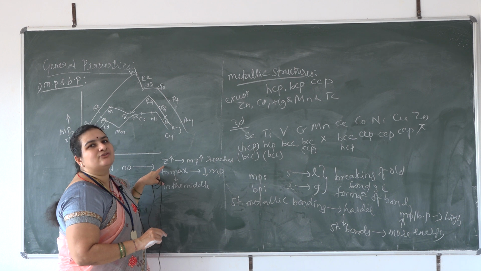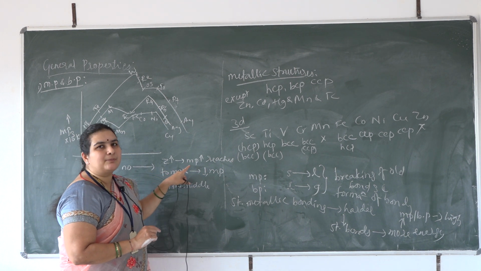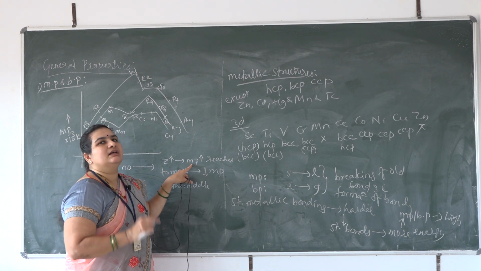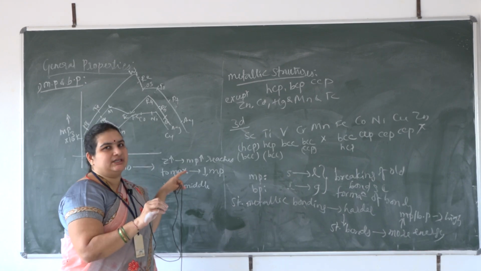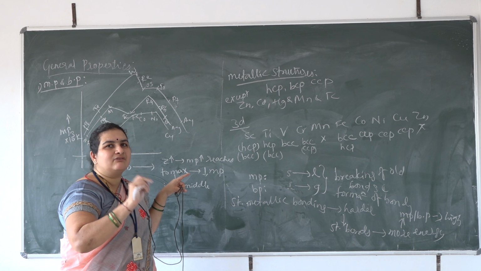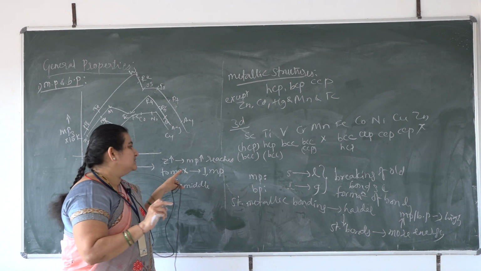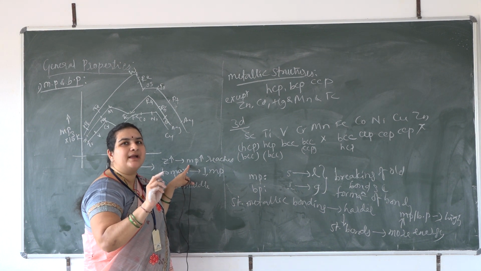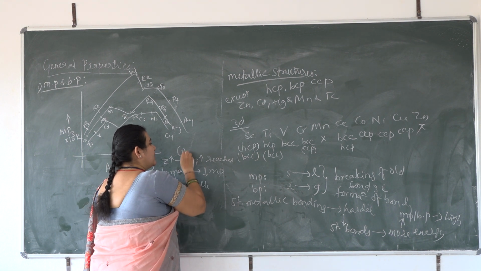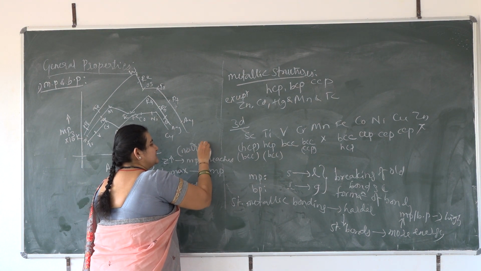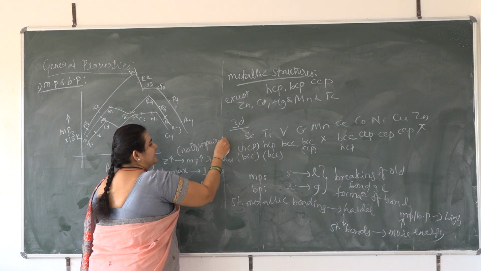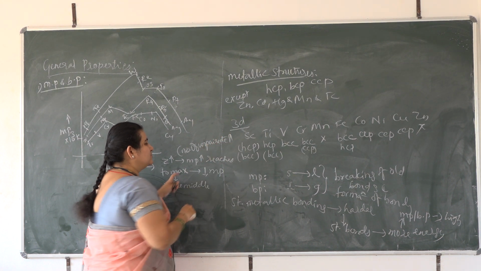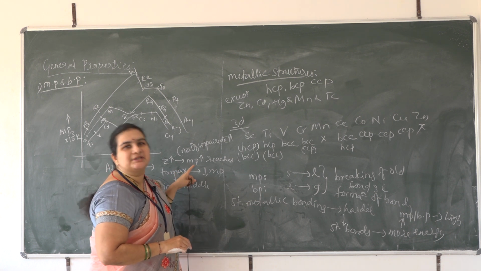With the increase of atomic number, melting point increases because there will be increase in the number of electrons in each case. In each case, we are adding one electron, so the number of unpaired electrons increases, so that melting point also goes on increasing.